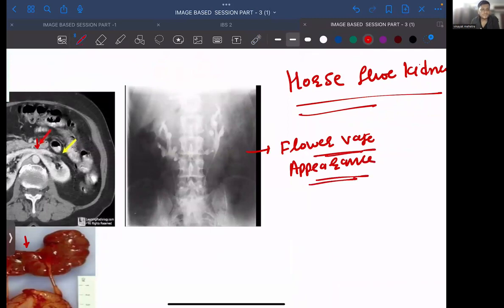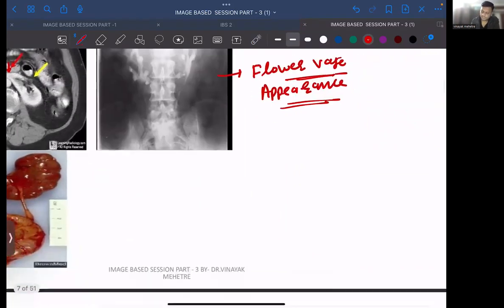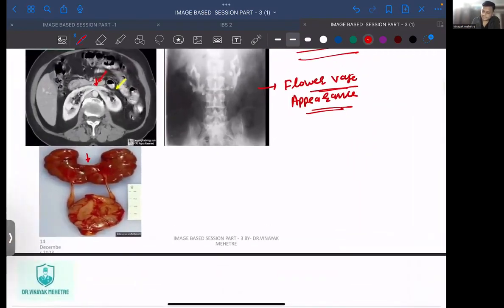Vase means gamla, right? Where we put flowers. That will be the appearance on the X-ray. Okay. Now tell me, horseshoe kidney is associated with which syndrome? Anyone? It is associated with Edward.